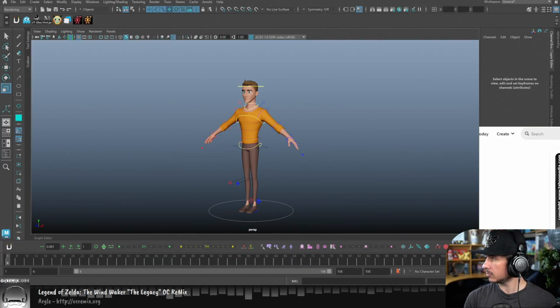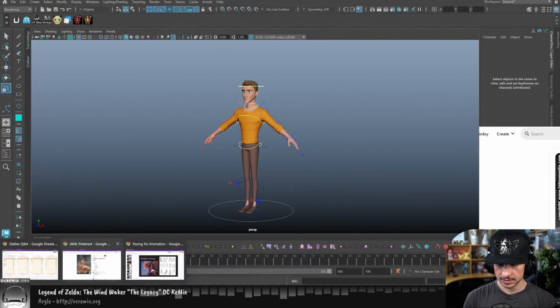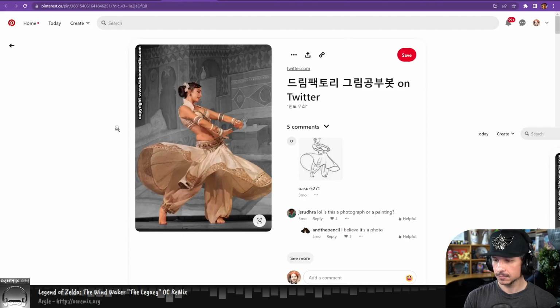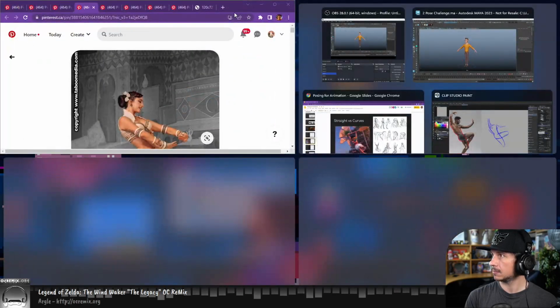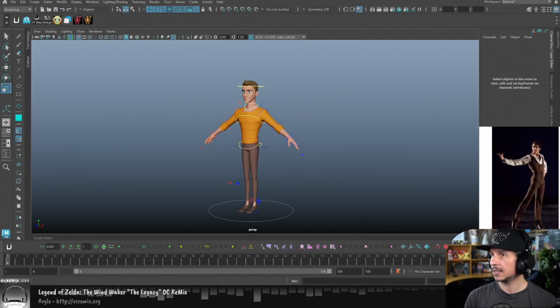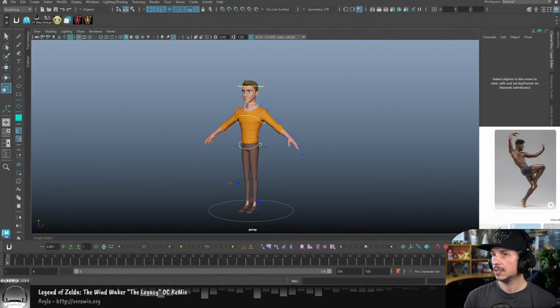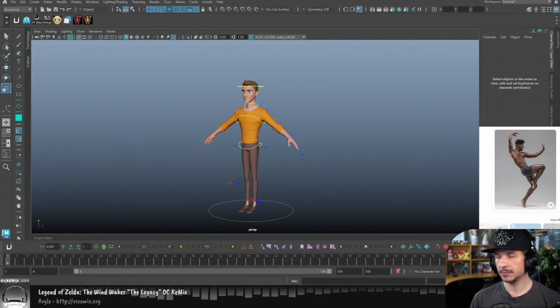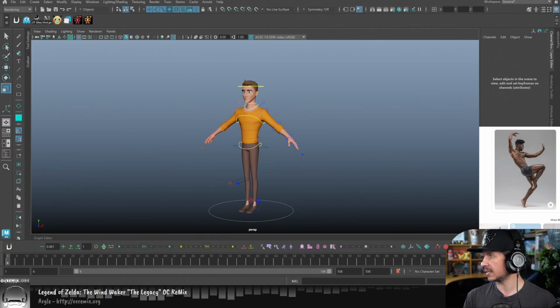I have to find the right window here. Okay, so let's bring in, we'll go with this pose since we've been analyzing it. I'm just going to leave that there for now, just so we can see it.